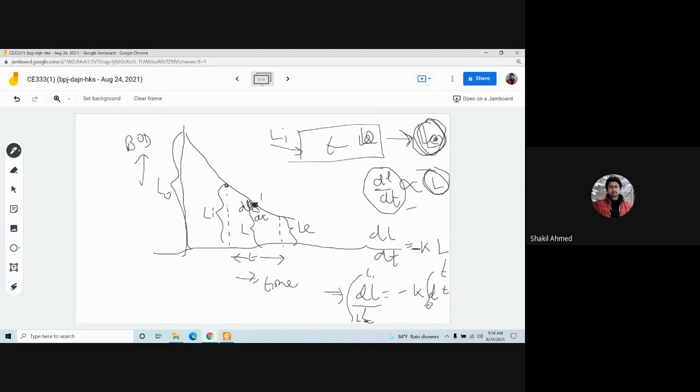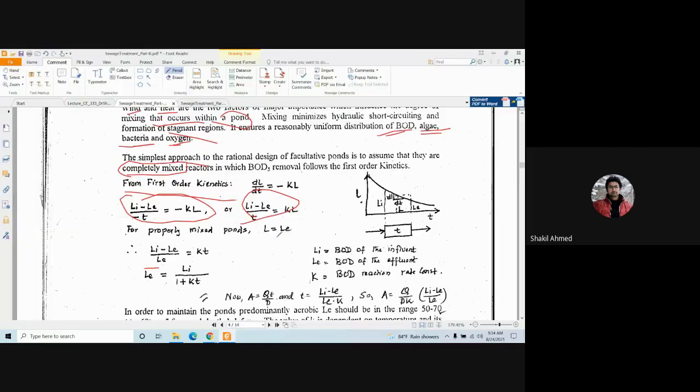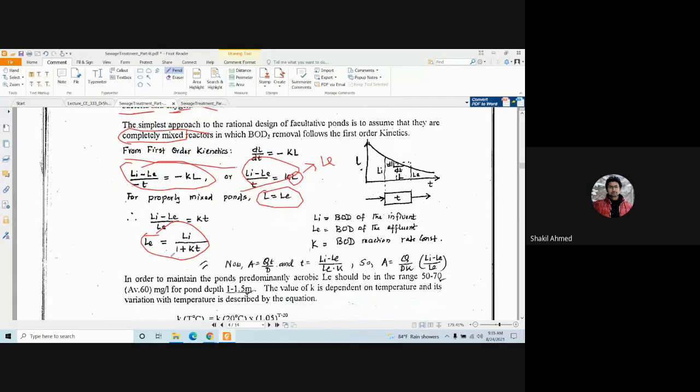If Le is here, then Le should also be here. So you can replace this L with Le, and then you'll get Le equals Li over 1 plus kT. Clear? Clear, guys? Yes, sir. So this was the pond, this is Li, and this is Le.